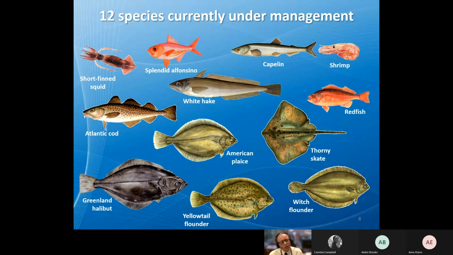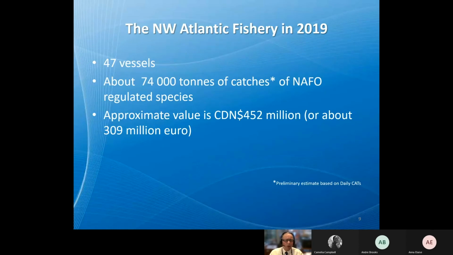And that stock is fished down in the southern part of the convention area, or it has been fished. There's a moratorium on fishery now in one of the Corner Rise seamounts in sub-area 6. And here, just to give you a good idea of the economic value of the fishery: 47 vessels in 2019, 74,000 tons, and the value is approximately 452 million Canadian dollars, or about 309 million euro.